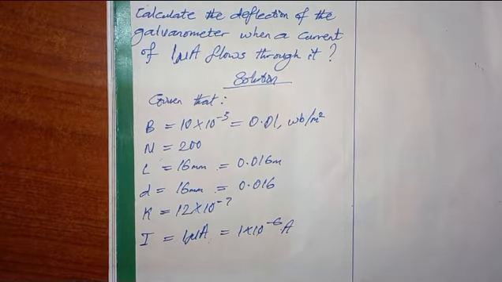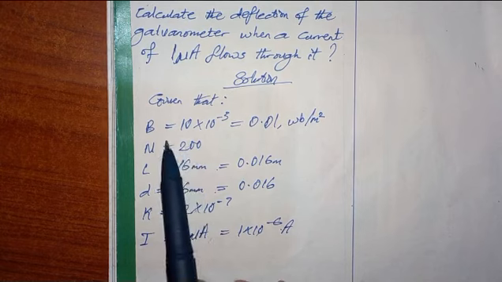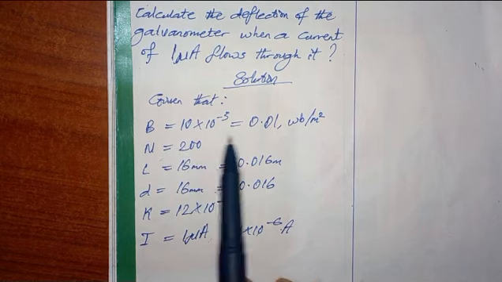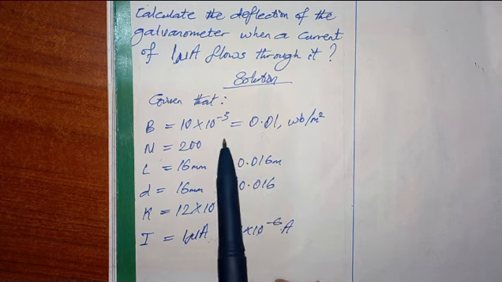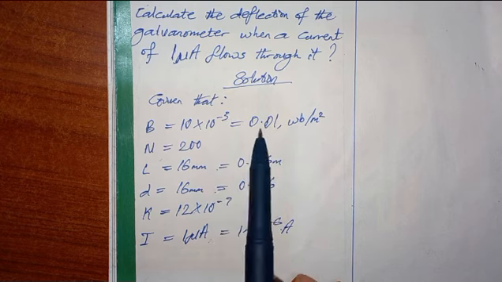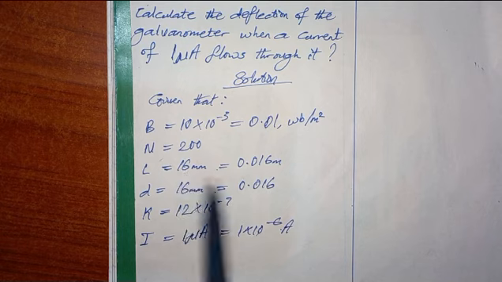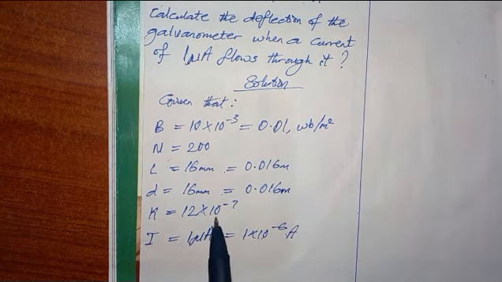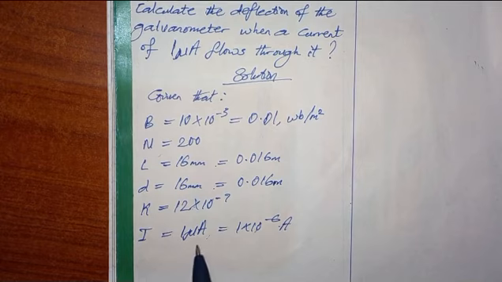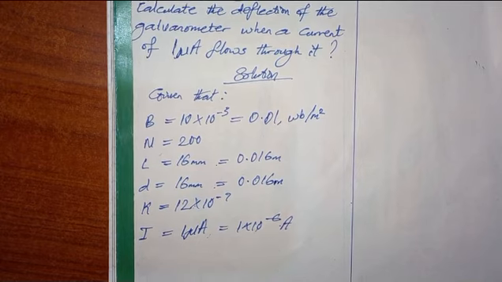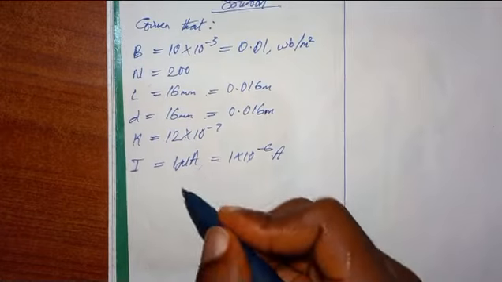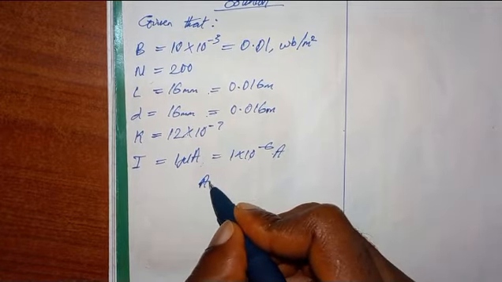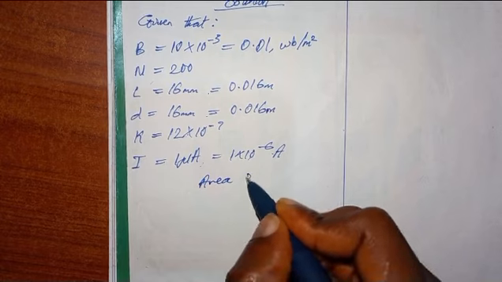I convert them: B, I remove the minus 3 and convert everything, this one from millimeter to meter, and the current from microamp to 10 raised to power minus 6. Then firstly we have to solve for the area of the coil.